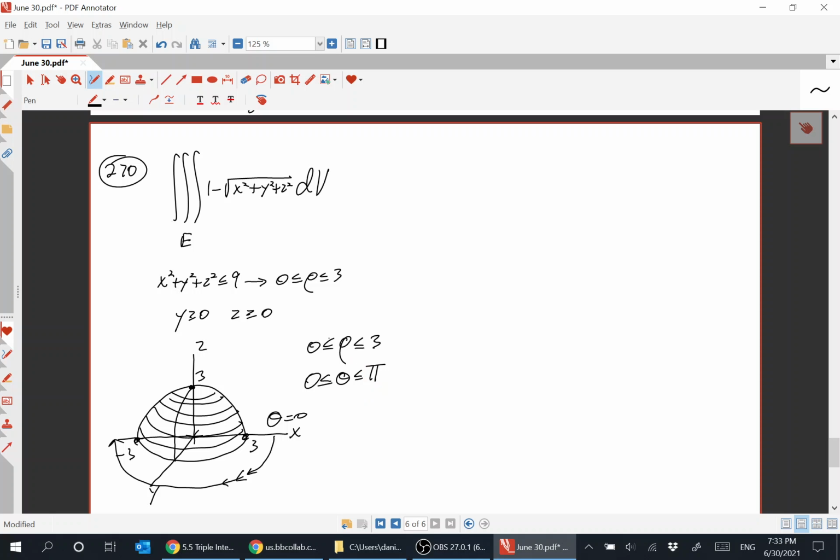And then what about phi? What's the angle of declination? Right, phi is going from the positive z-axis down to here. Right, so that's pi over 2. So then 0 less than or equal to phi less than or equal to pi over 2.